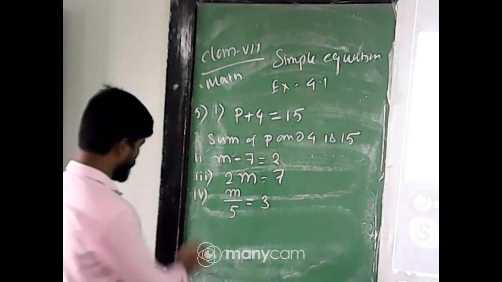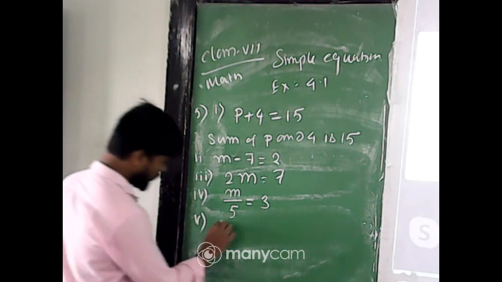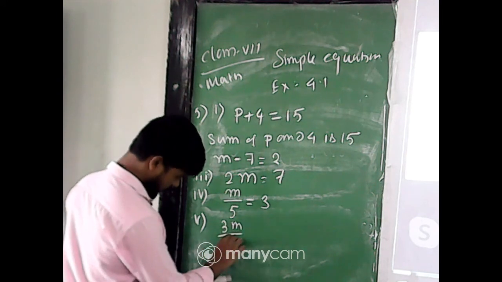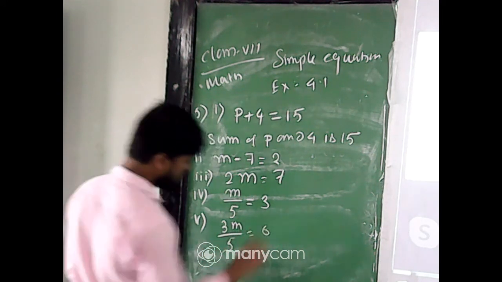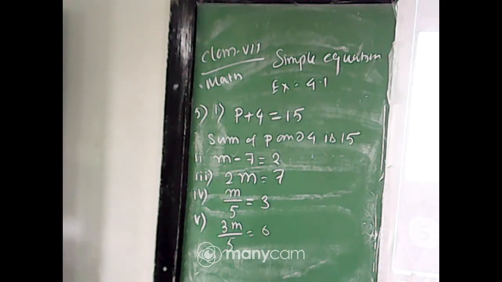Now question number 5. 3m by 5 is equal to 6. Yes, Sayanti, correct. Not 4th, Tanisha, 3 by 5 is given. Tanisha, look at the question. It is 3 by 5 into m. 3m by 5, not 3m by 4.